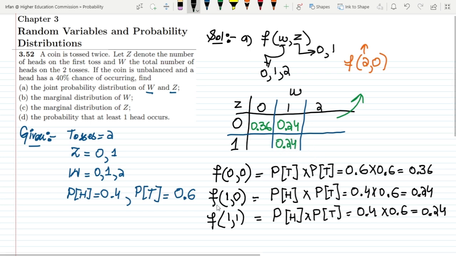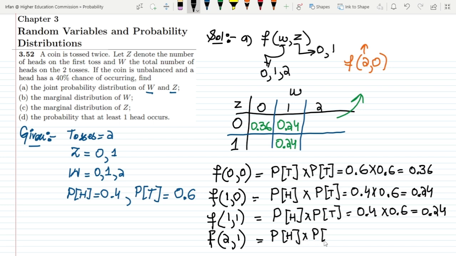This last one is the value saying that the total number of heads we have got is 2, in which the first trial has given me 1 head. So what does it mean? It means that the two tosses have ended up with 2 heads, so we will have the probability of heads multiplied by the probability of heads.